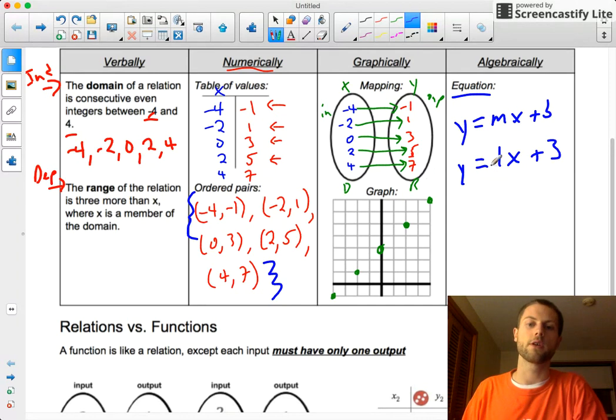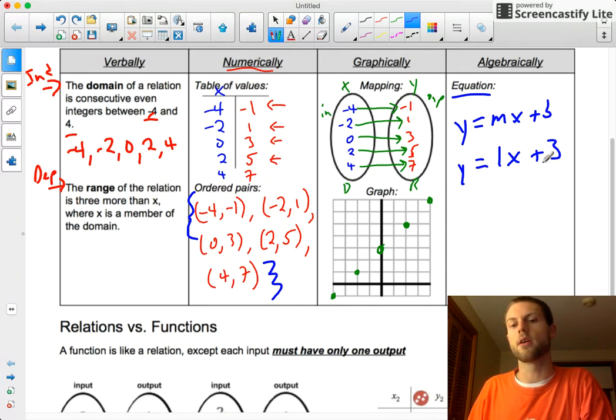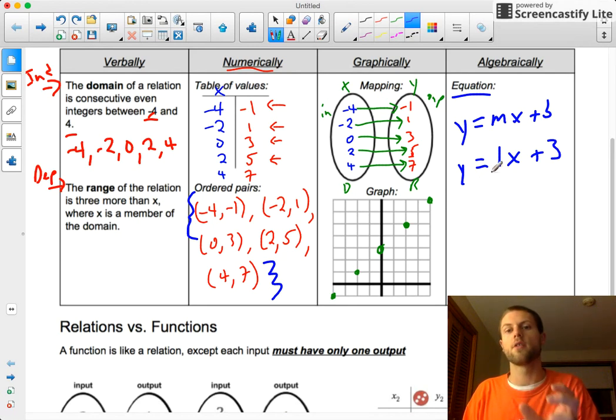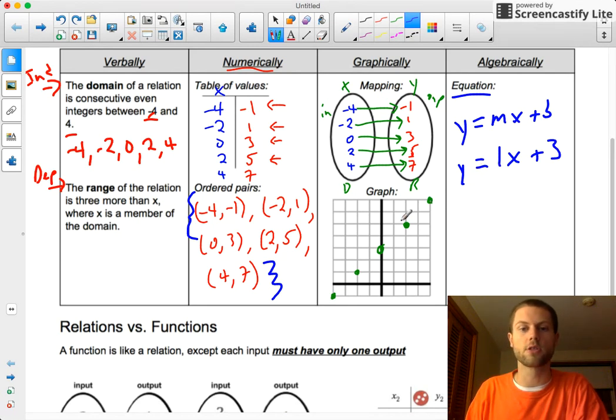But you'll notice, if I were to plot this on a graphing calculator or by hand or on Desmos, this would actually create a line, but my domain and my range is just these specific points. So actually, I'm not graphing a line, I'm graphing points given by this rule. So I have to do something to restrict this equation so that I don't produce this line.